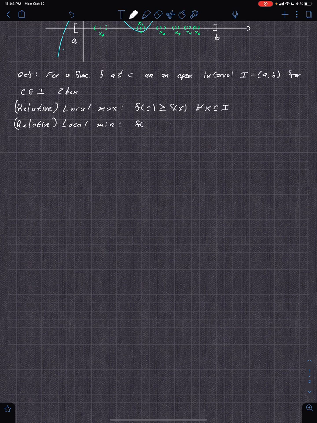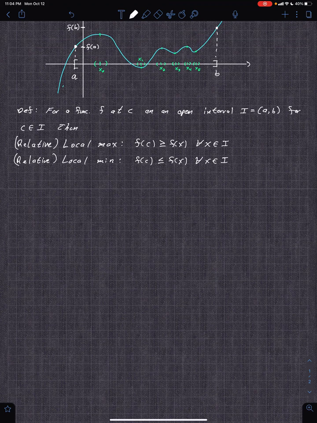Same idea, f of c is less than or equal to f of x for all x in I. So if you can find that open interval I, then it's called relative. So there's an existence.